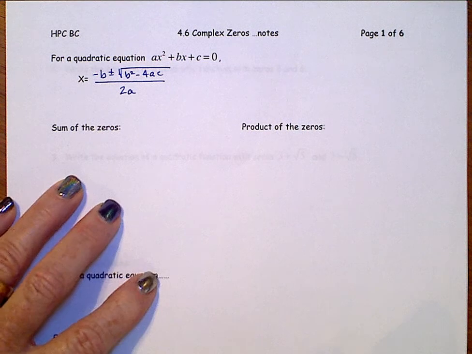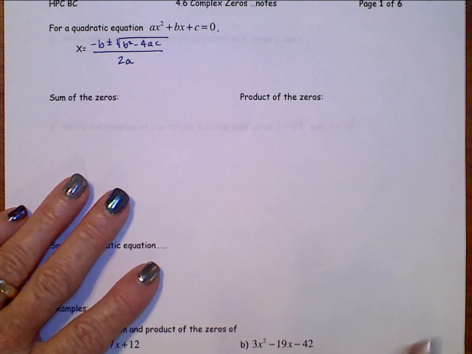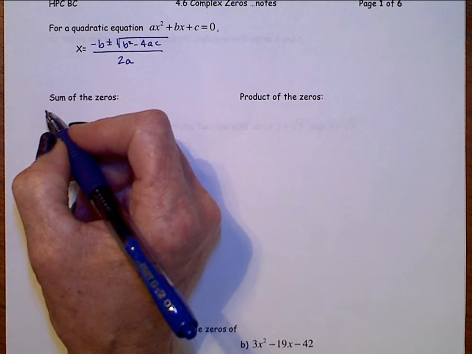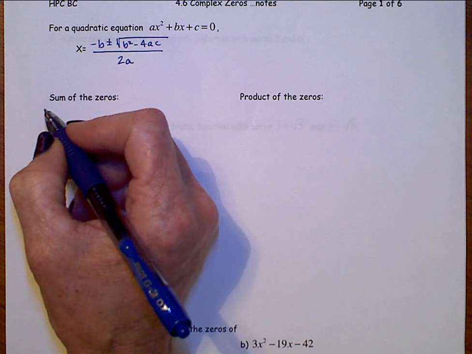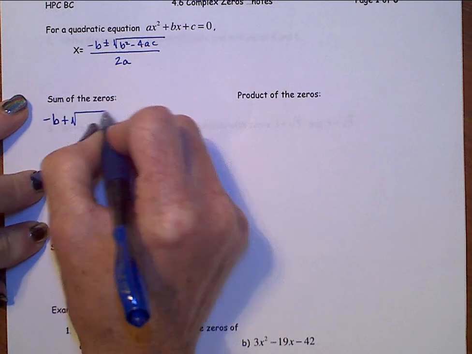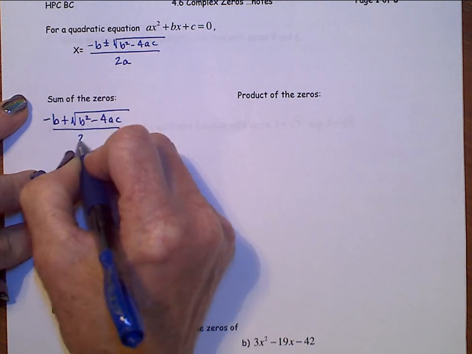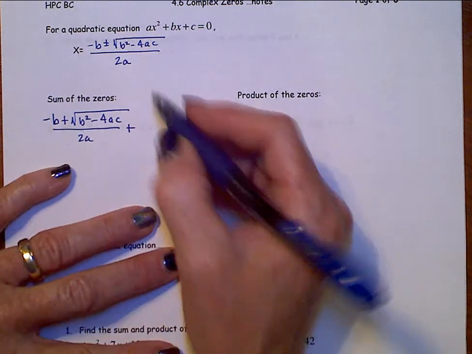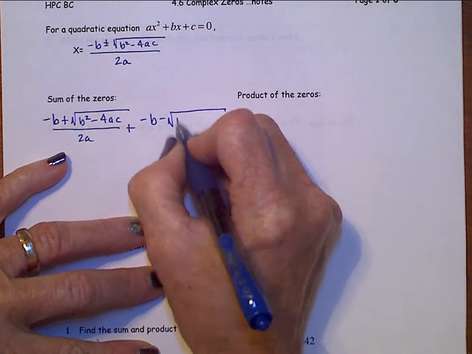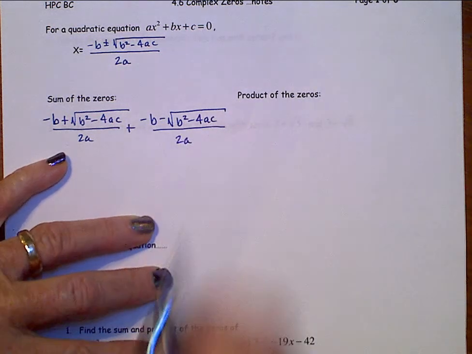All right, now for some interesting pieces of information, let's find the sum of those two zeros, because there are two zeros up here. One of them is negative b plus the square root of b squared minus 4ac over 2a. And we're going to add on negative b minus the square root of b squared minus 4ac all over 2a.